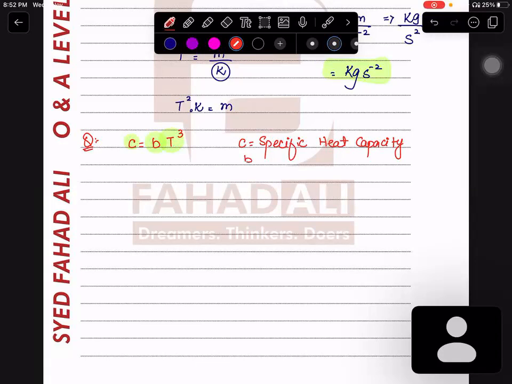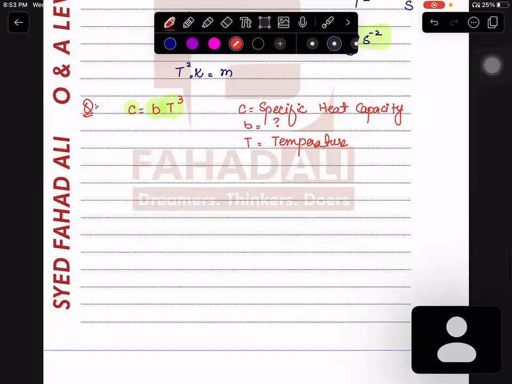B is the quantity whose unit we have to find. T is temperature. Clear? Done?